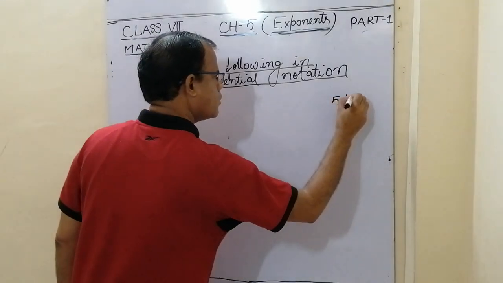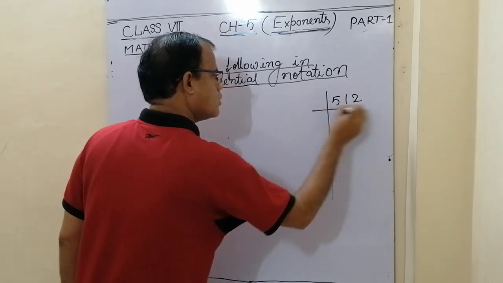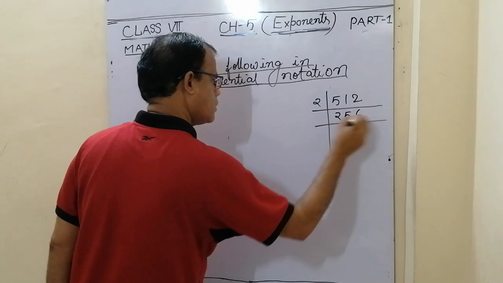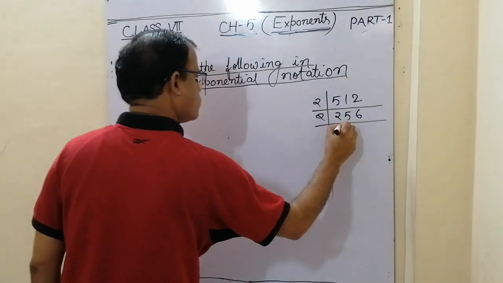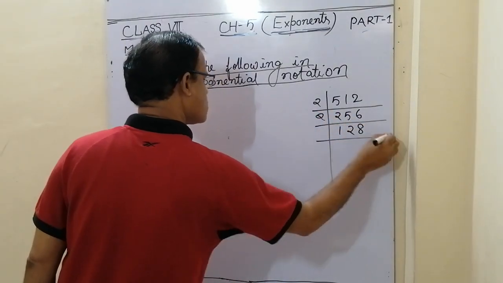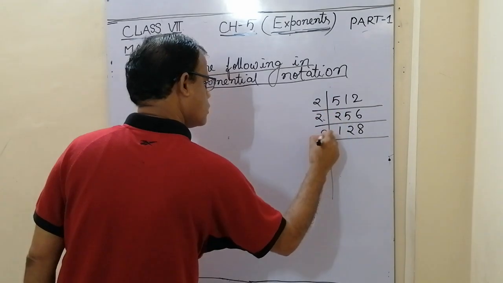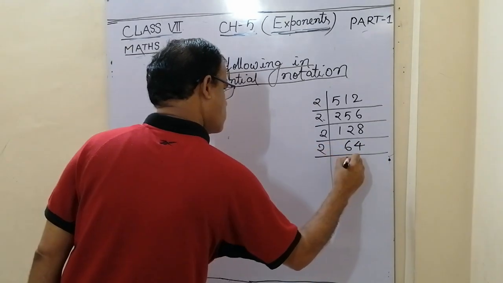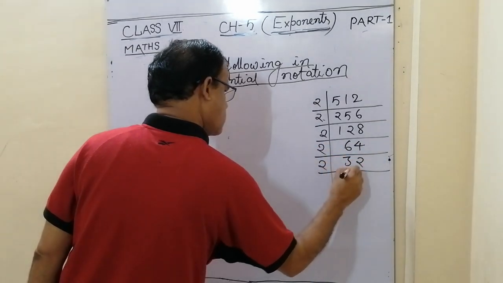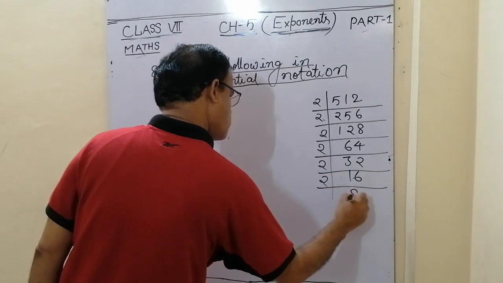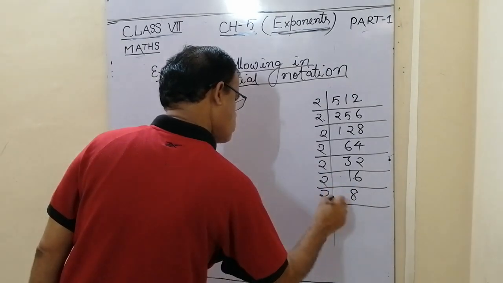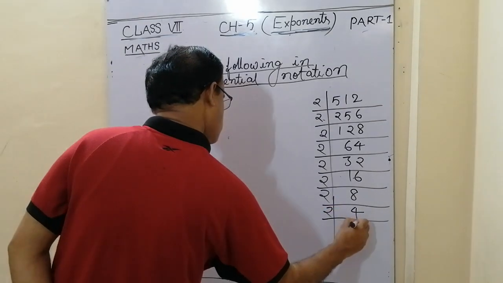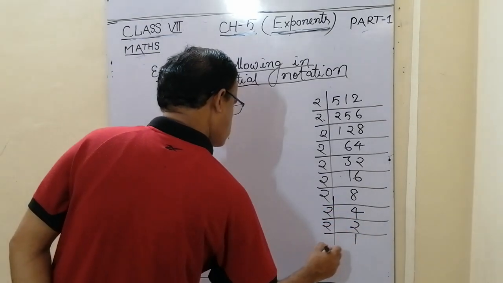Look here, 512 divided by 2. 2 twos are 4, 2 fives are 10, 2 sixes are 12. Again 2 ones are 2, 2 twos are 4, 2 eights are 16, and so on, 2 times 2 is 4, 2 times 1 is 2.